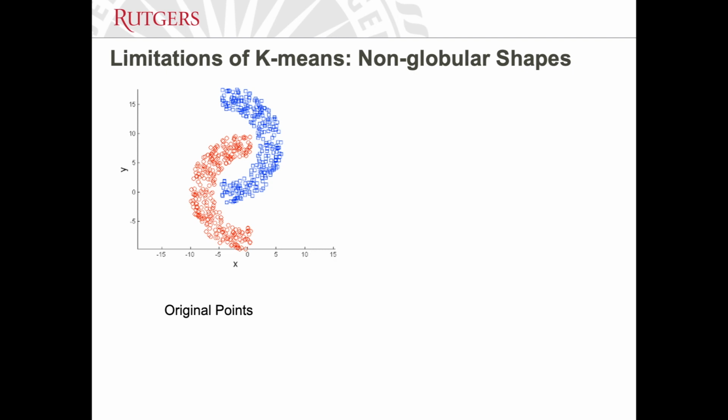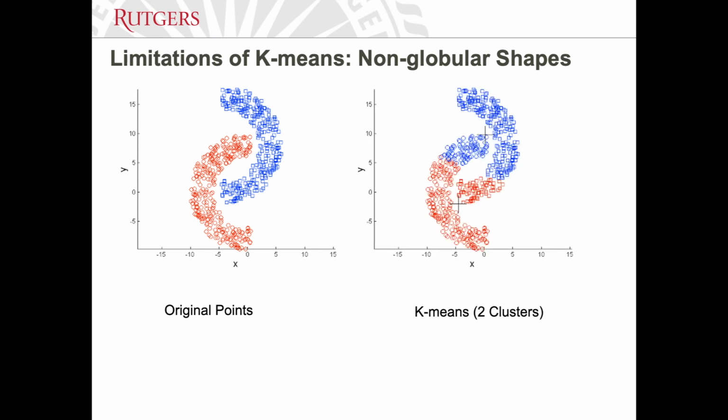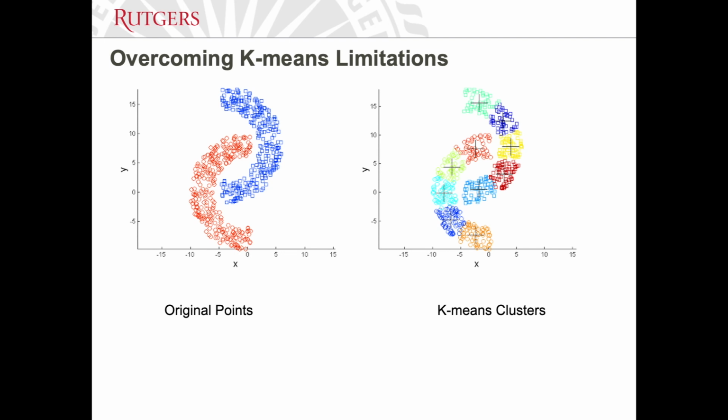K-means finds two clusters in this case that make up portions of the two natural clusters, because the shape of the natural clusters is not globular. To overcome this limitation, one solution is to use many different clusters and find the parts of the clusters. After that, put all the clusters together.